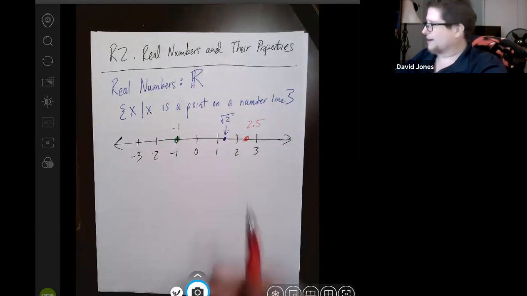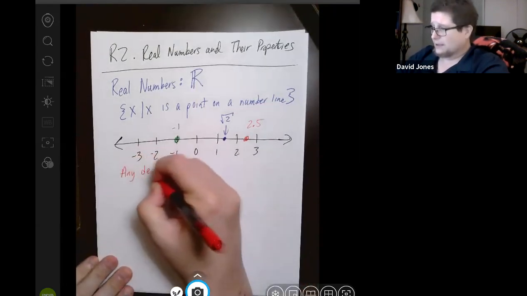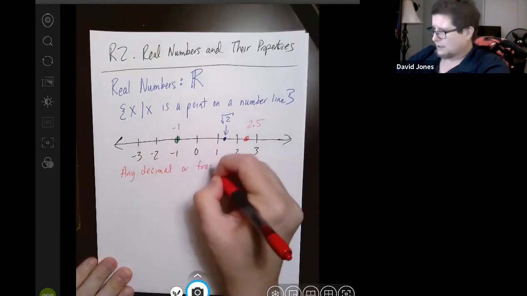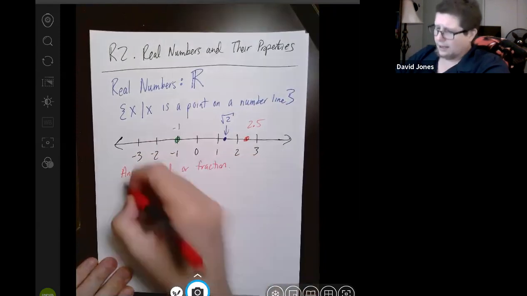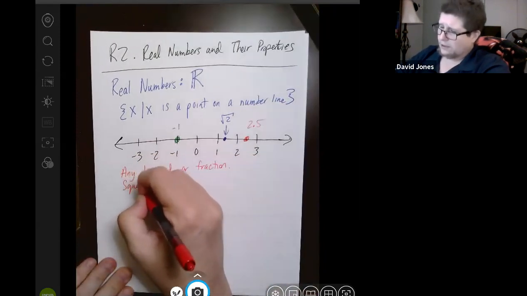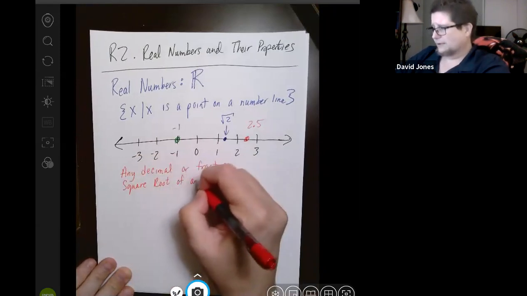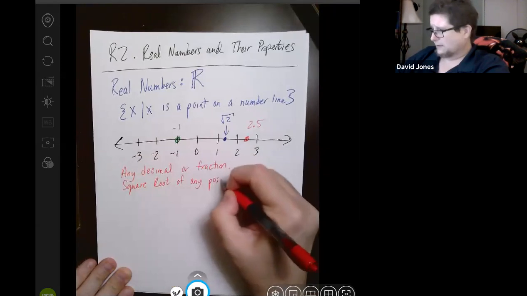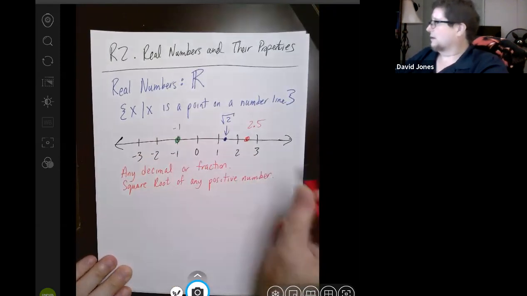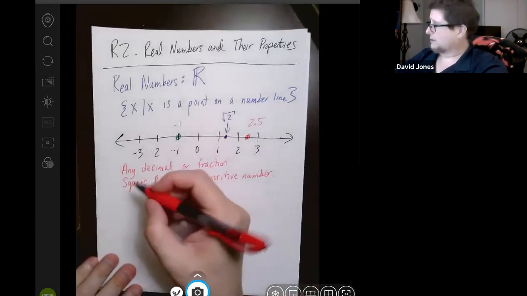So lots of things qualify. Any decimal or fraction does. The square root of any positive number, or exponents.